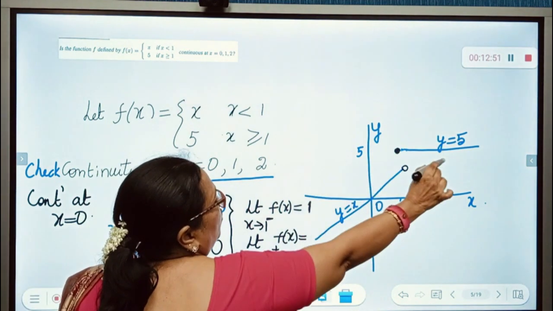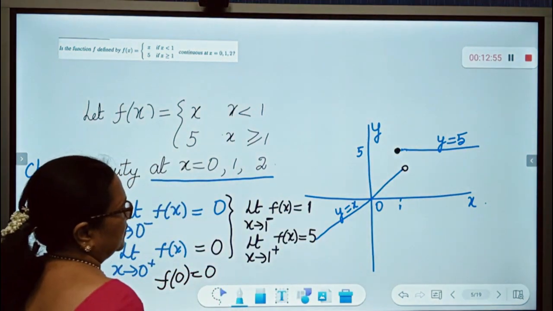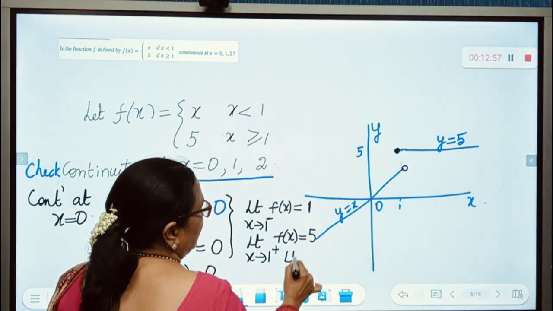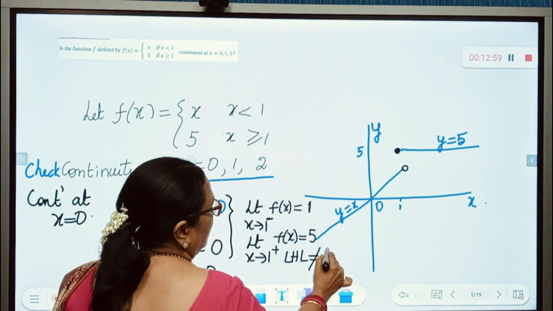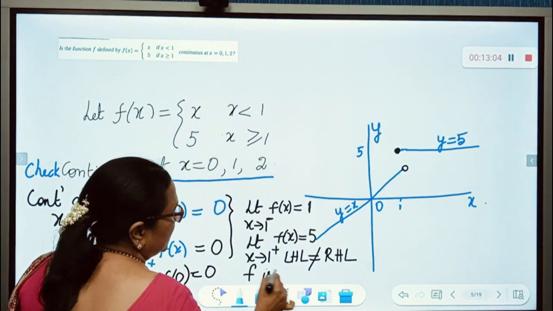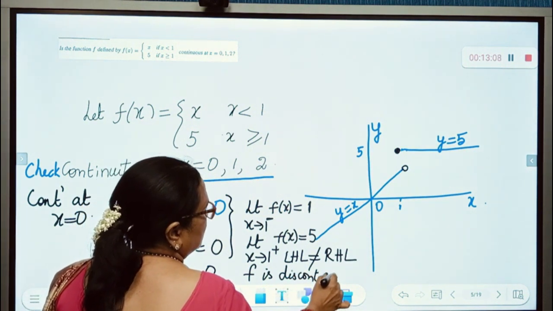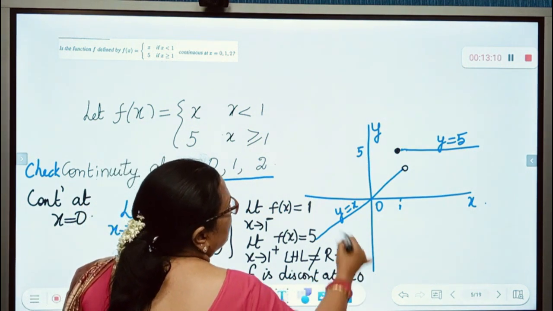That means greater than 1. From the graph itself, you know y is 5. So left hand limit is not equal to right hand limit. Function is discontinuous at x equal to 1. You can already see there is a break in the graph.